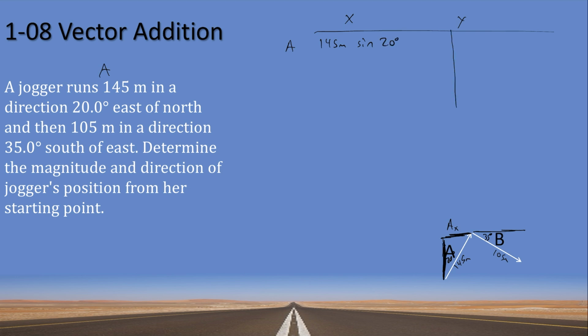For the y, that's adjacent to the angle, so it would be cosine. Put those in the calculator, I get 49.6 meters and 136.3 meters. This is going up and to the right. Both of those are positive.